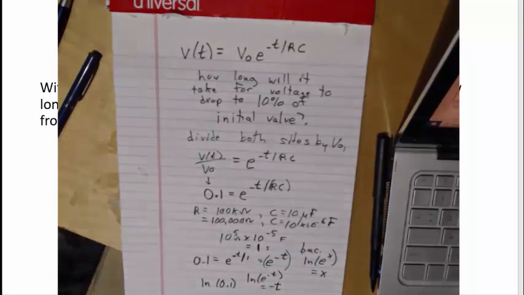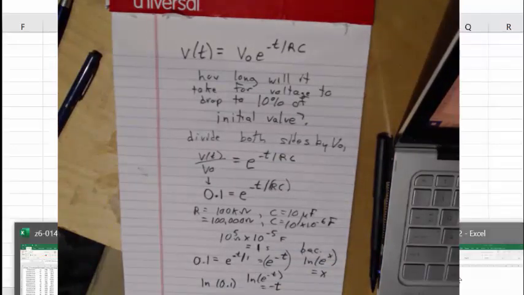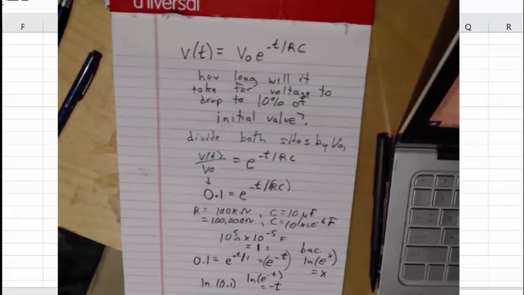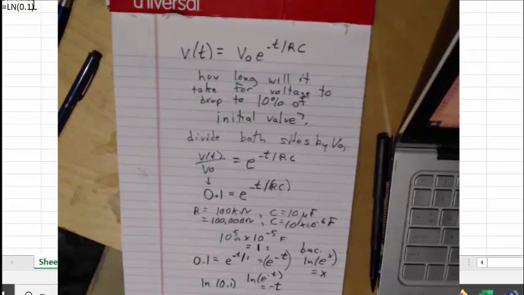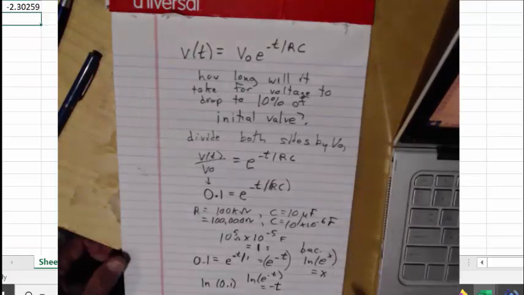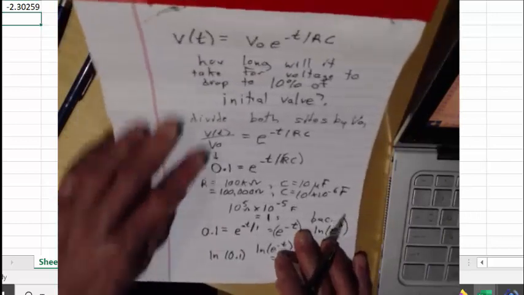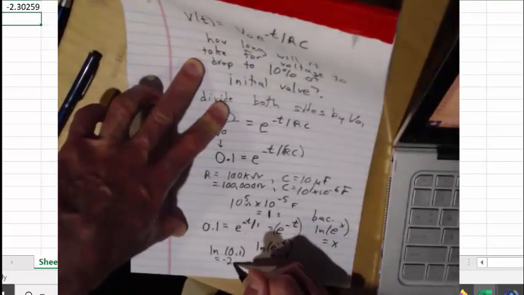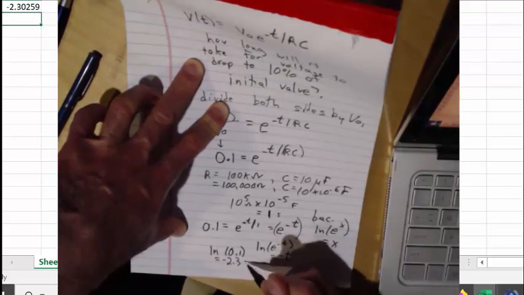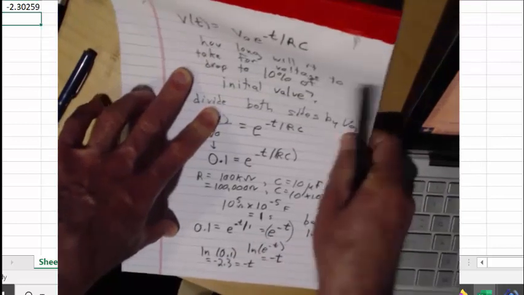So if I go to Excel, I have it right ready here to take a look at that. So the natural logarithm of 0.1, press return, negative 2.3. So I could say this here is equal to negative 2.3. That's equal to negative t.